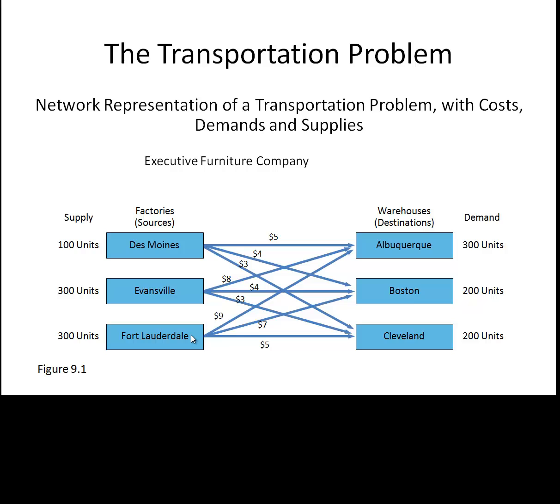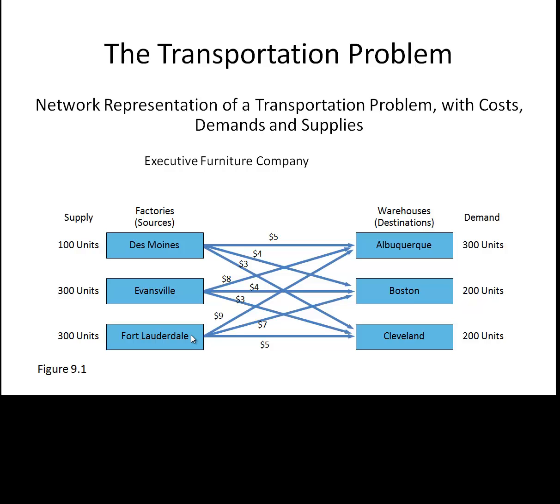So along the routes, we can transport from any one of 3 of our suppliers to any one of 3 of our destinations. As you can see, we have linkages between our three supply sources and our 3 destinations, along with the supply and the demand.